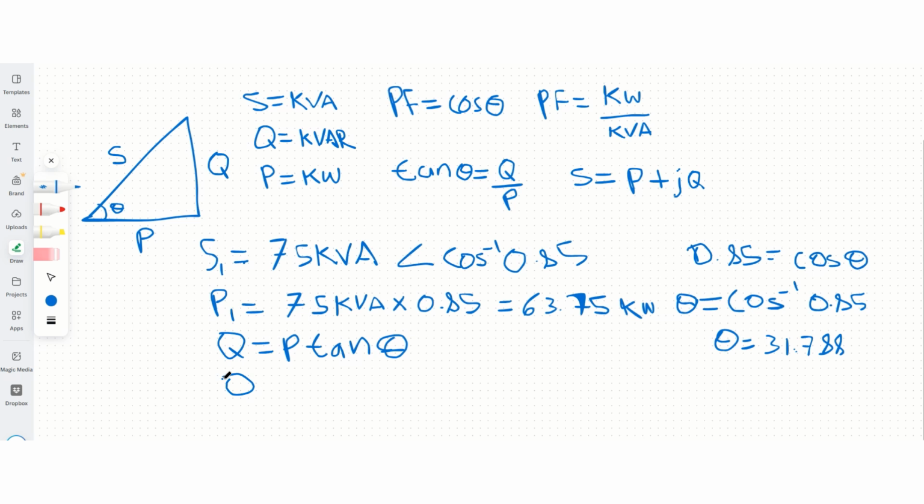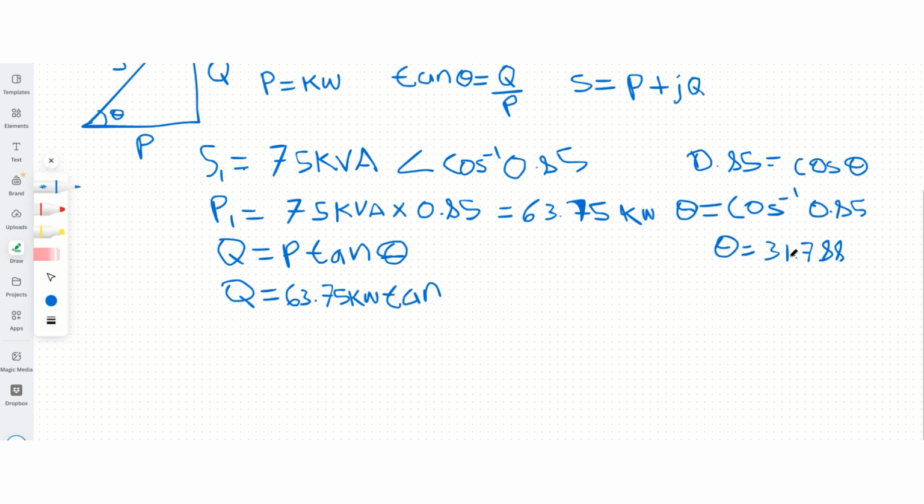So your reactive power equals your real power, 63.75 kW, times tangent of your angle, 31.78, and that will equal 39.5 kVAR. This is Q1, your reactive power.